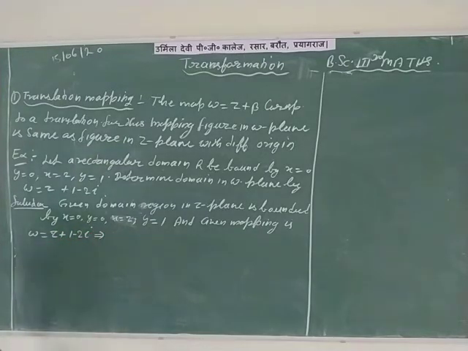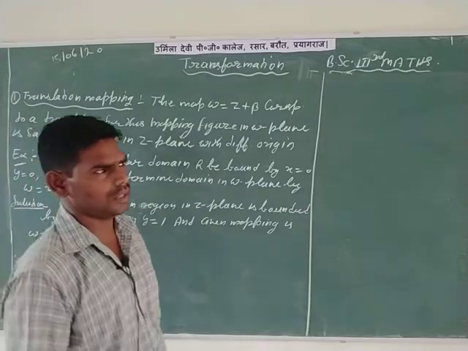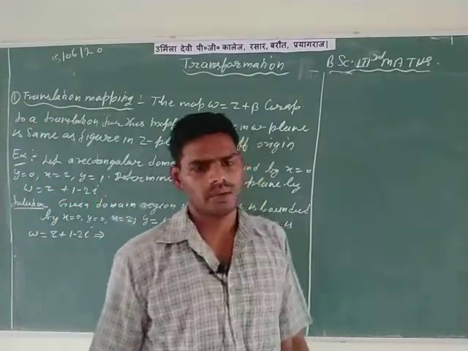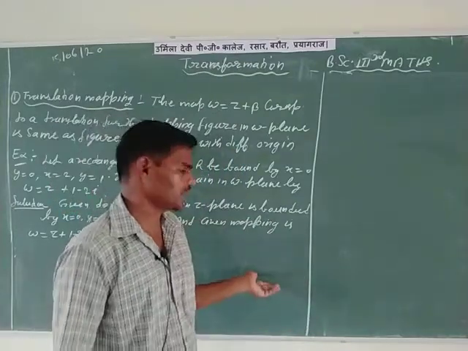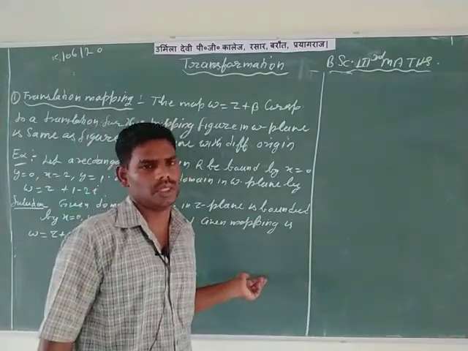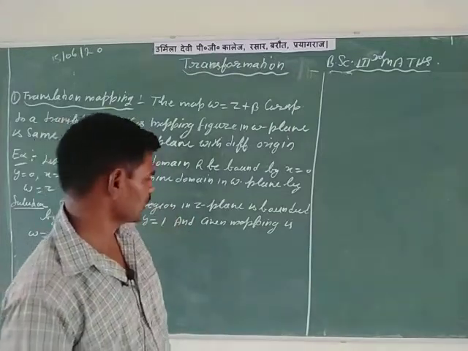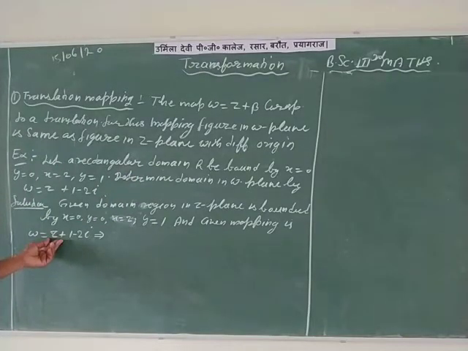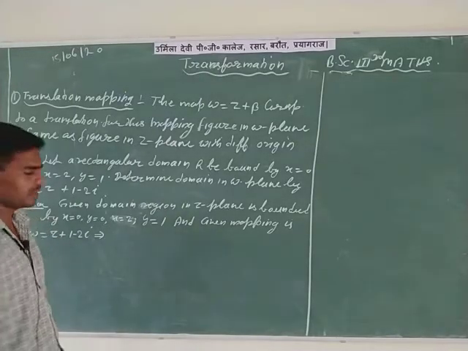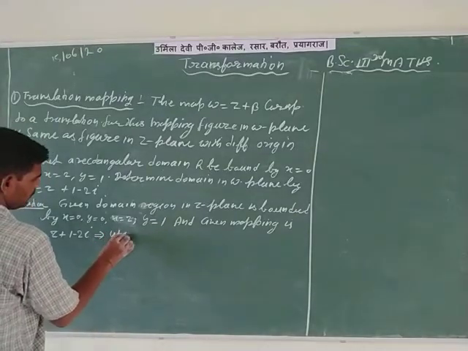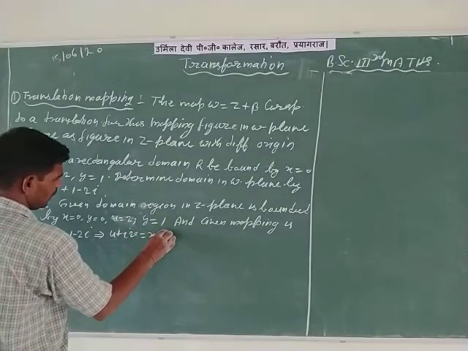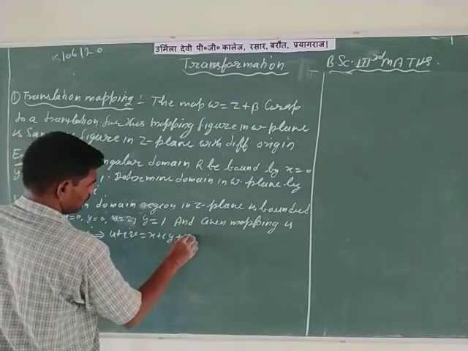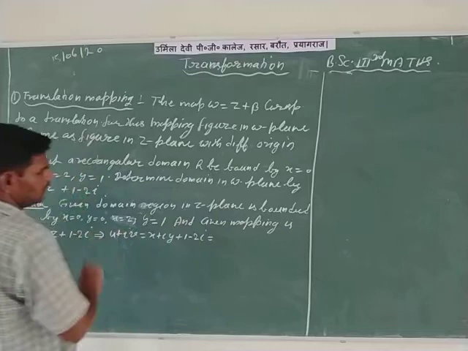You know that in the W plane, W is the combination of a real value u and an imaginary value v, where small v is denoted on the y-axis and small u is denoted on the real axis, the x-axis. In the Z plane, Z is the combination of real x and imaginary y. So putting these two values of W and Z, u plus iv is equal to x plus iy plus 1 minus 2i.